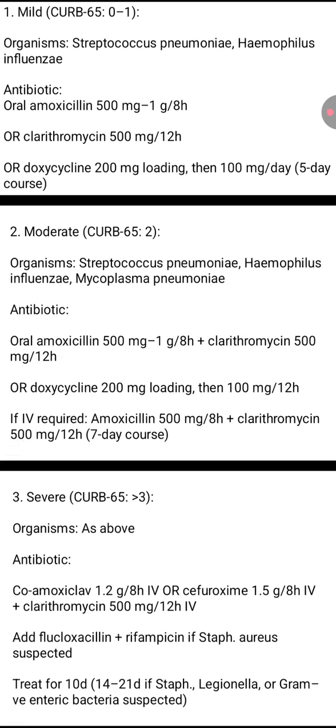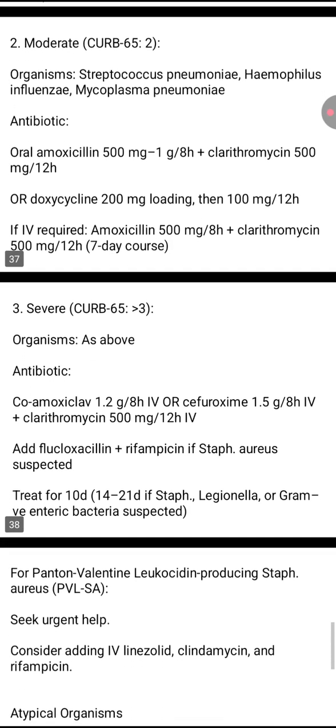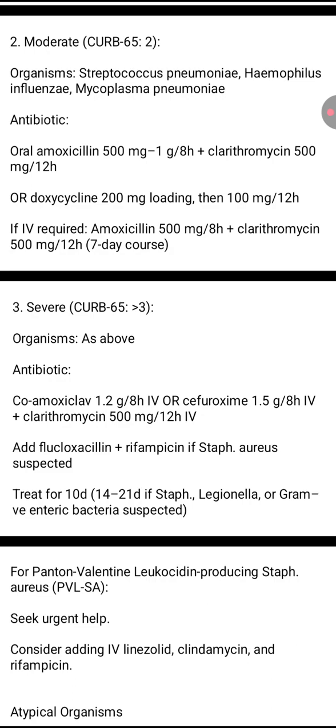For moderate pneumonia, you would use the CURB-65 if it is 2. The organisms responsible: Streptococcus pneumoniae, Haemophilus influenzae, Mycoplasma pneumoniae. The antibiotic to be given is oral or IV.